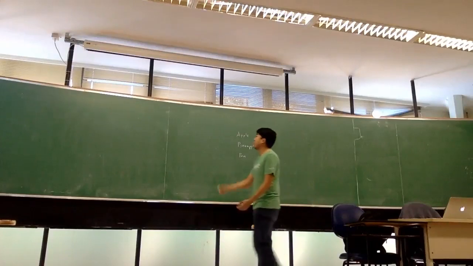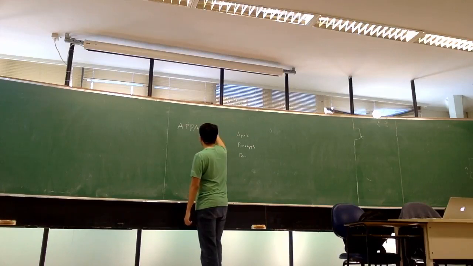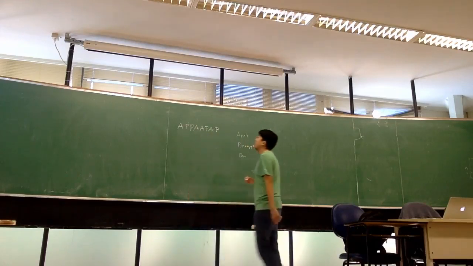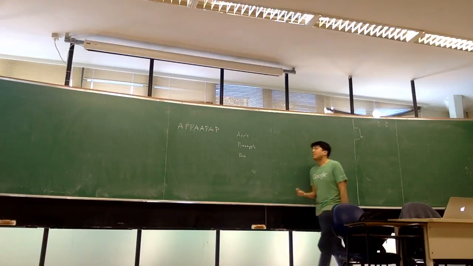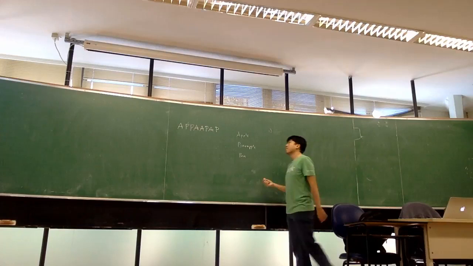So when you're given this problem, it's a string of A's and P's. And what you're asked is whether these structures could be built using only basic structures.